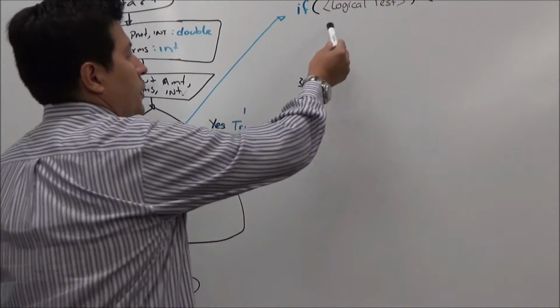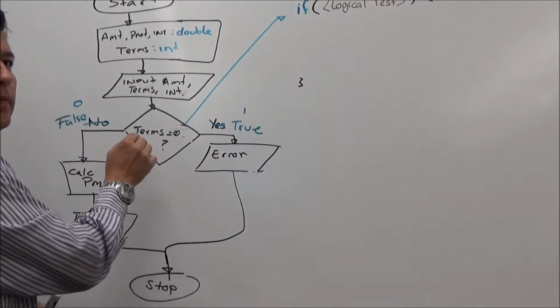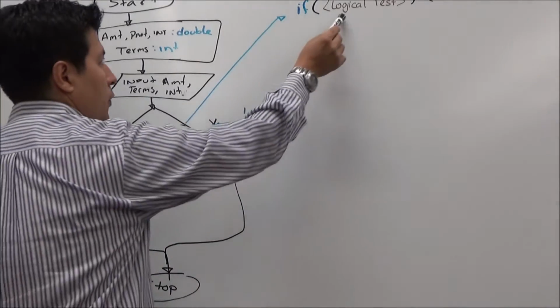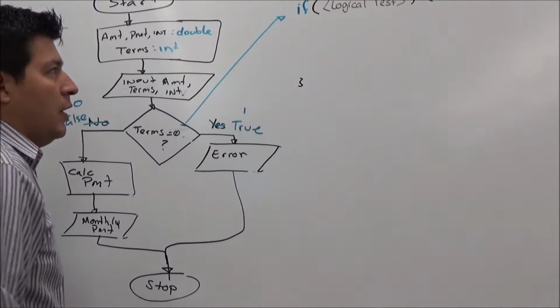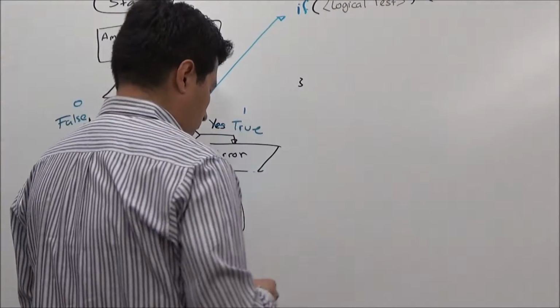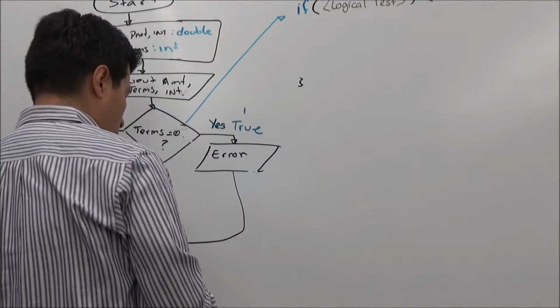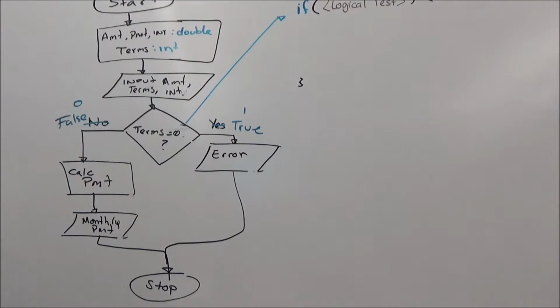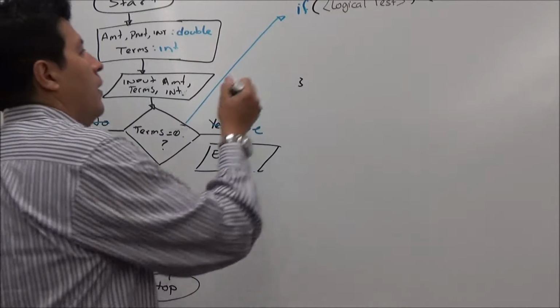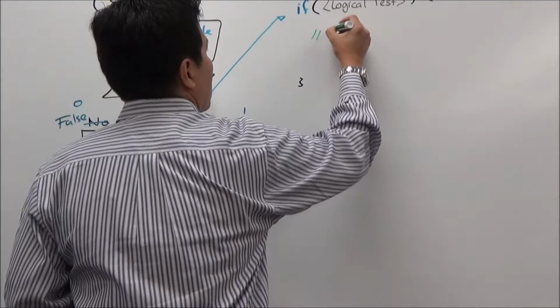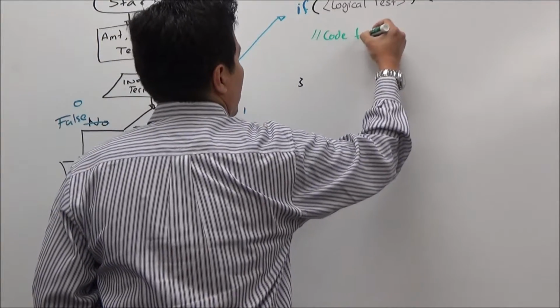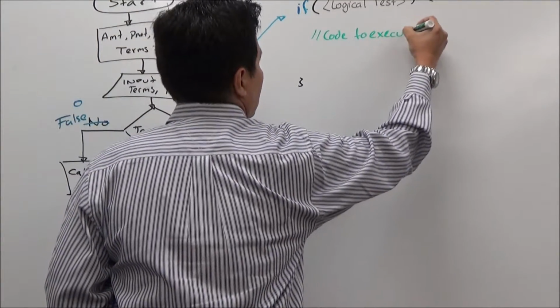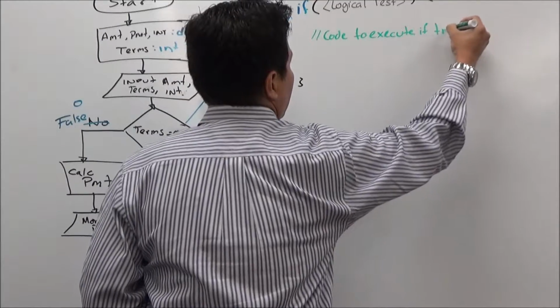So if this condition, this question, returns a true, then it executes this code. So whatever code you need to execute if the condition is true, you write it here. Code to execute if true.